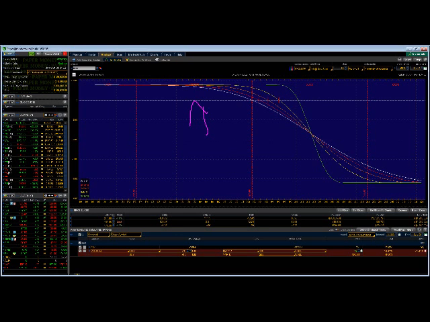And then eventually, what happens is all of these colors merge into just one solid line. So if I were to just do a single line at expiration, that's what the expiration line looks like.